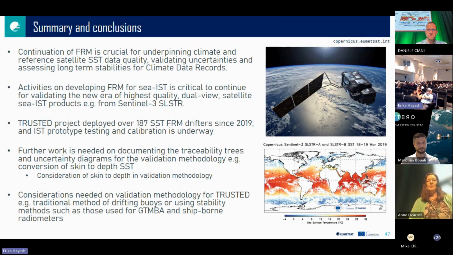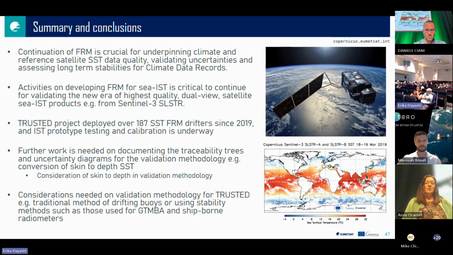Okay, so just to summarize, continuation of FRM is crucial for underpinning climate and reference satellite SST data quality, validating the uncertainties and assessing long-term stabilities for climate data records. Activities on developing FRM for sea ice surface temperature is critical to continue for validating the new era of highest quality dual view satellite sea ice surface temperature products, for example, from SLSTR.